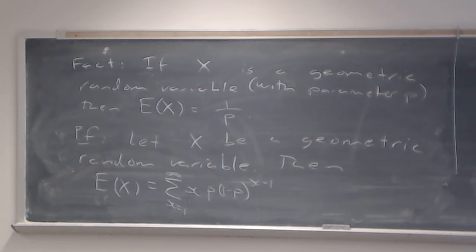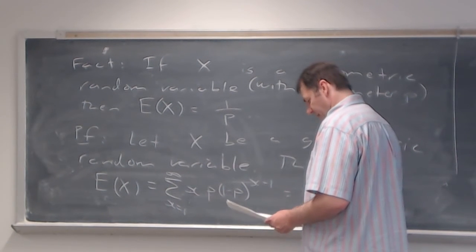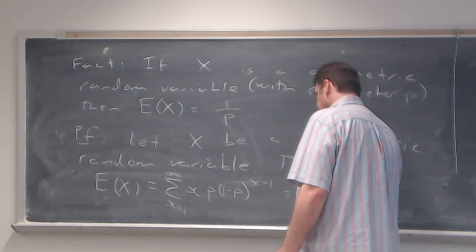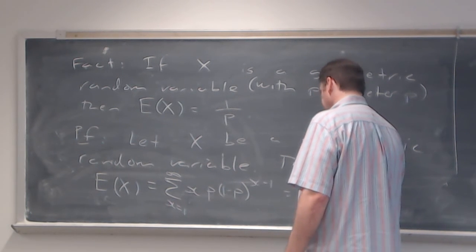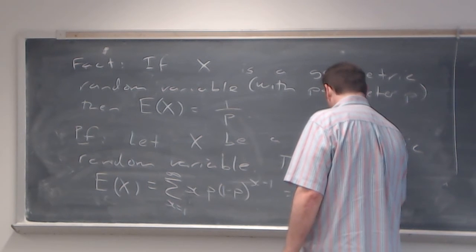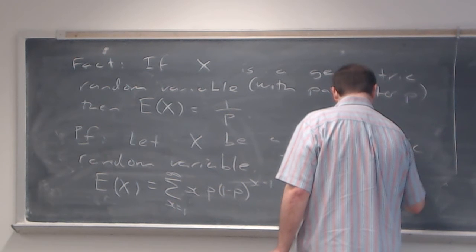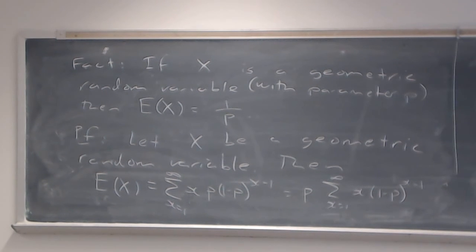So definitely I can take out a p here, and I will. So this is equal to p times the sum as x runs from 1 to infinity of x times 1 minus p to the x minus 1.